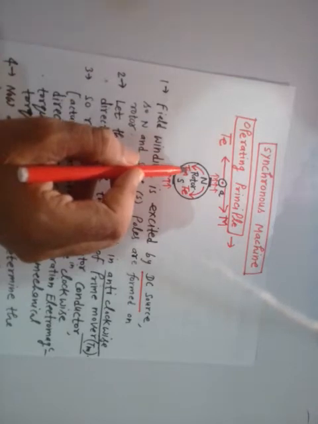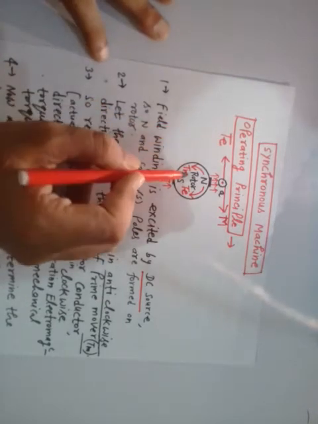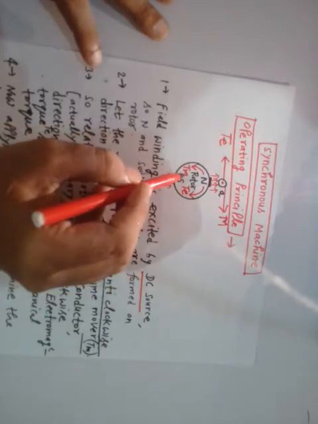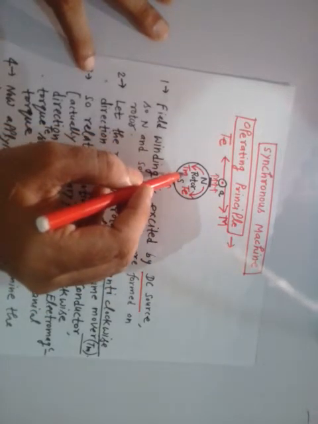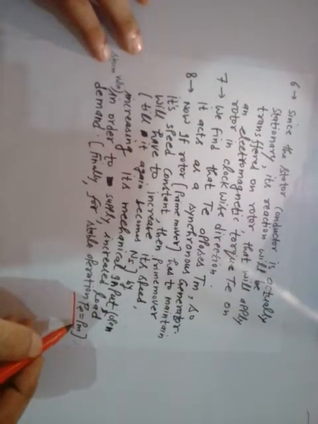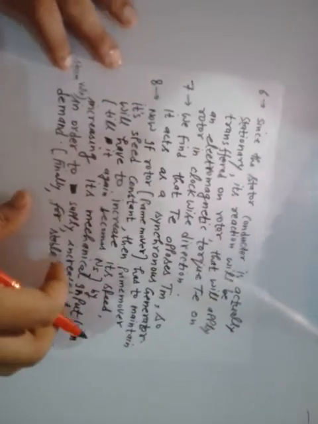It will further open the steam valve, further increase the mechanical input power, and thereby maintain the speed of the prime mover always constant. At the end of the day, the electrical power output must be equal to the mechanical power input in a synchronous generator. So you understand now?